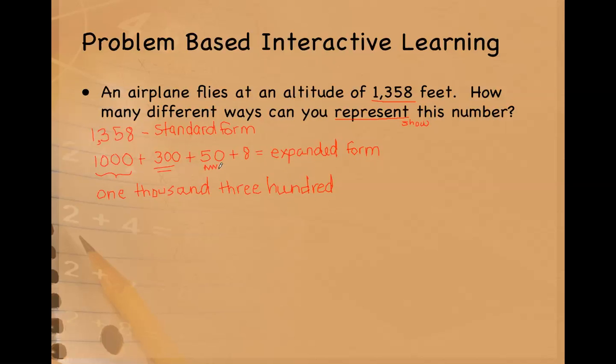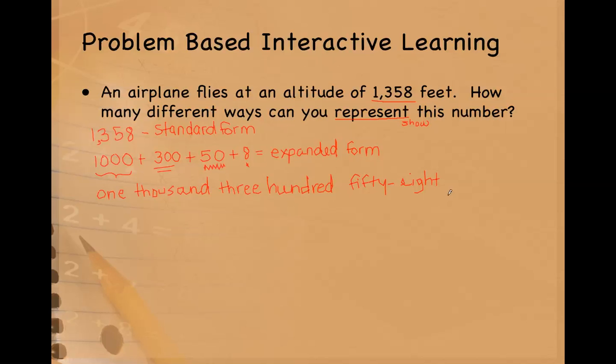Okay, the next one is 50. And when I have a 2-digit number like 58, I need a hyphen. So let's see, 1,358. And that represents that number.